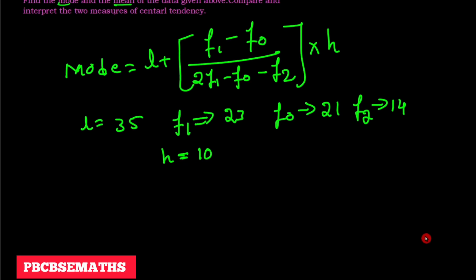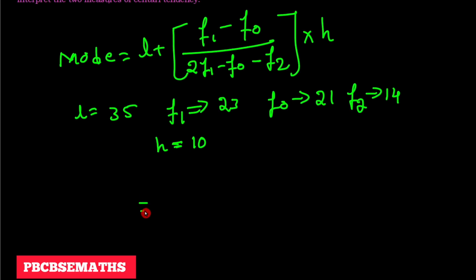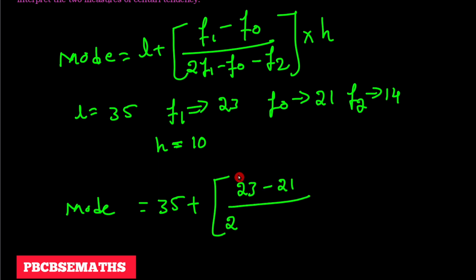Let's substitute all those values in this formula. So mode is equal to L, that is 35, plus f1 value 23 minus f0 value 21, divided by 2 times f1, that is 2 into 23, minus f0 value 21 minus f2 value 14, into the class size value 10.